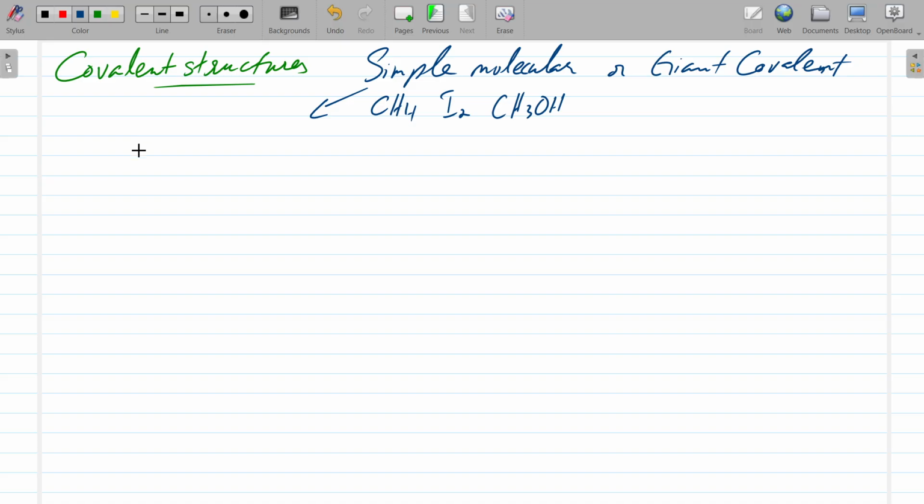Compounds having simple molecular structures are formed from only a few atoms.